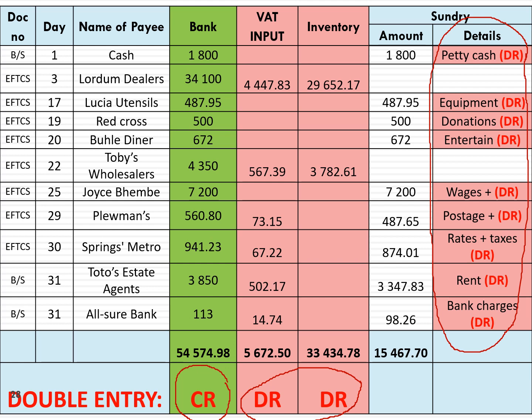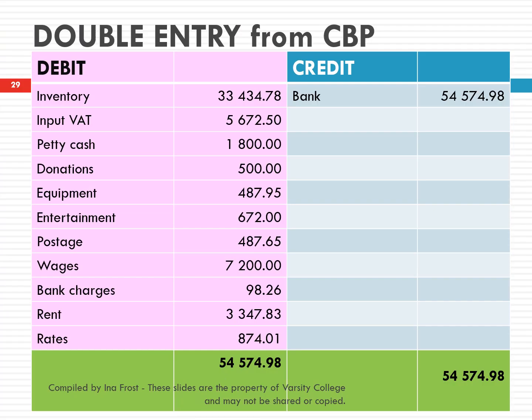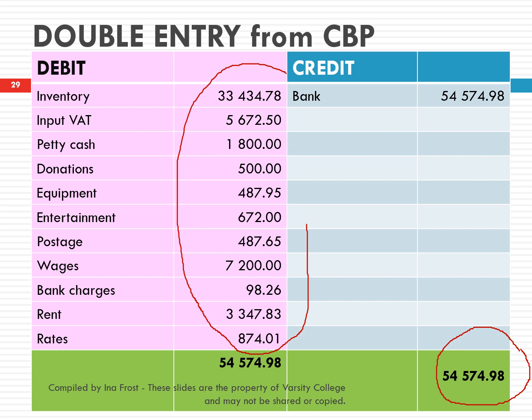So this one is going to have a single credit entry, but it's going to have a whole host of debit entries. So here you can see it again. It's still a double entry, it still has a debit, it still has a credit, but in this scenario, it has only one credit, and then it has a whole host of debit entries.